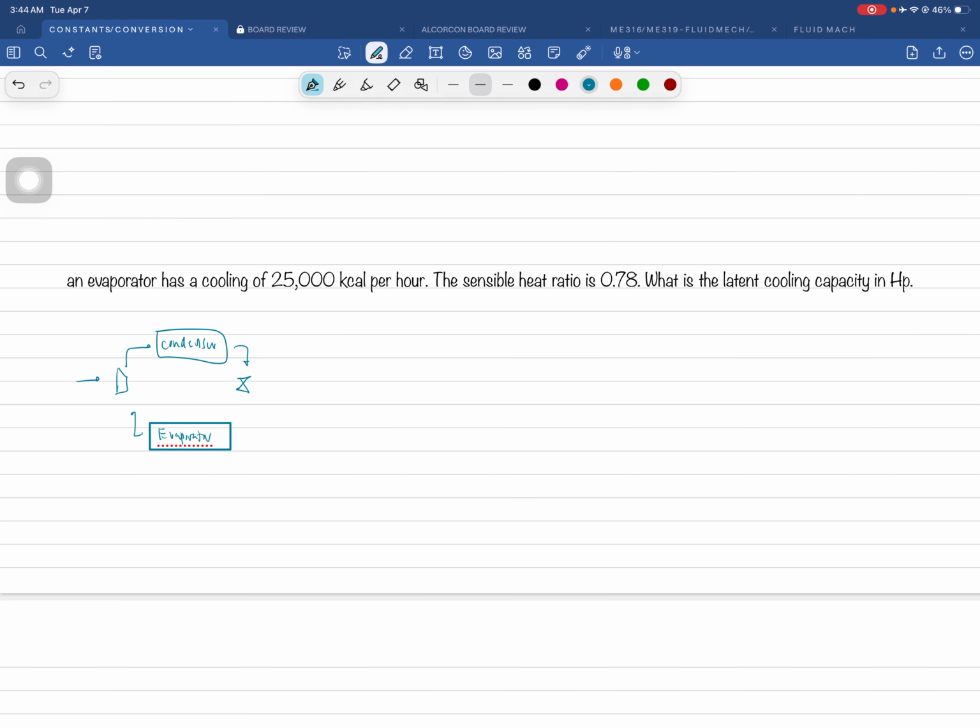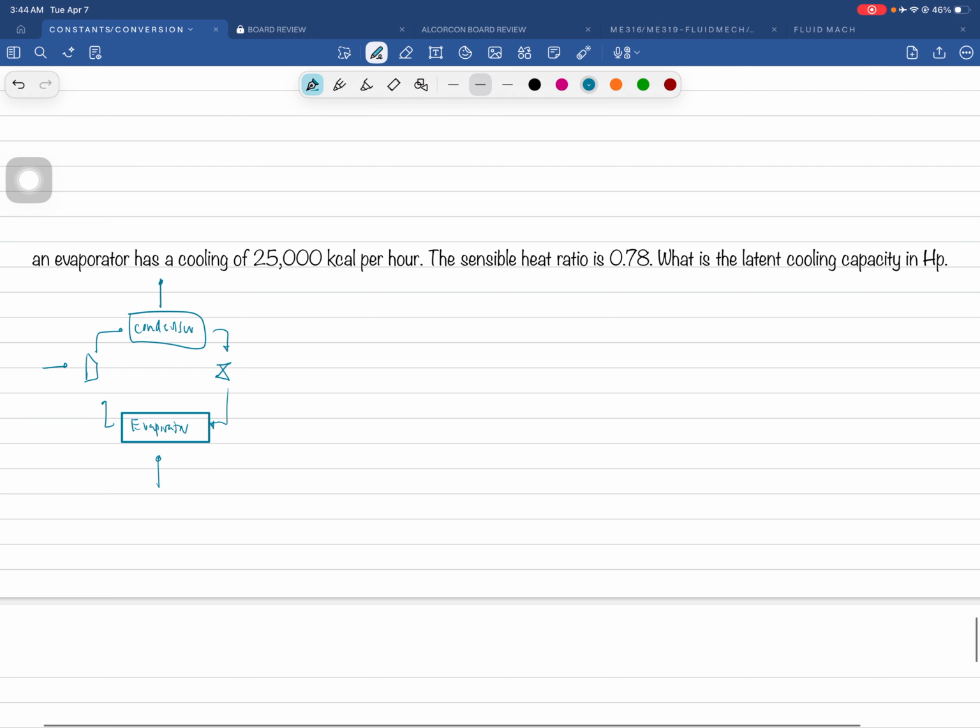Okay, work going in, heat rejecting, heat going out, and energy to be cooled, no? Hindi natin kailangan condenser, and this one we just want here. And remember sa evaporator, the cooling effect there in the evaporator, it is accounting, okay?